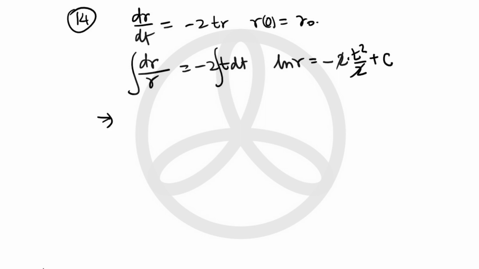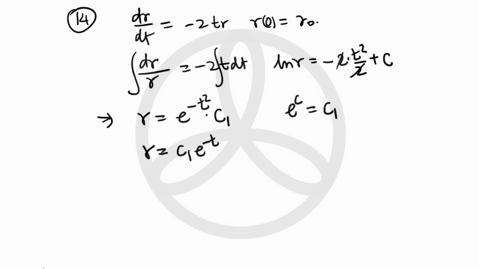The moment we take an anti-log, we will get r equals e to the power minus t square plus c. What happens is that this c becomes e to the power c, and since c is a constant, this will again be a constant, so this can be denoted as a different constant c1. So our general solution is c1 e to the power minus t square.